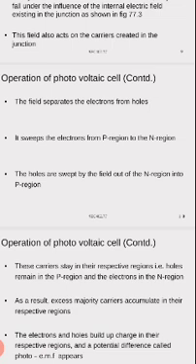As a result, excess majority carriers accumulate in their respective regions.